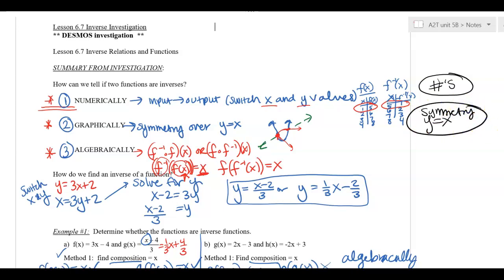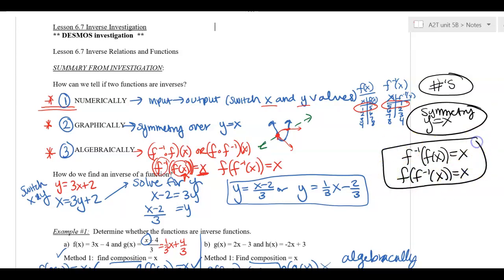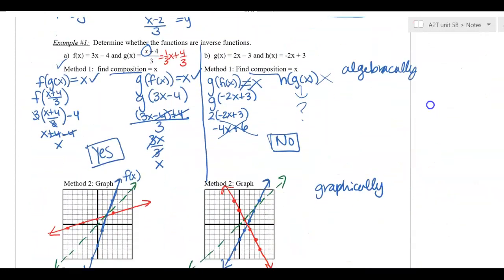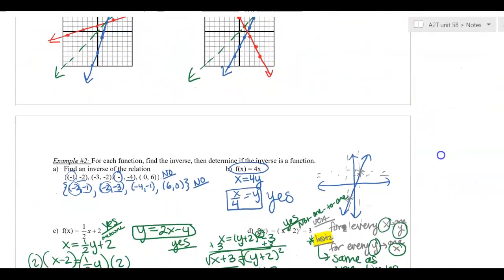And then can you prove their inverses algebraically by composing them and showing that they equal x, and that's in both directions. In addition to that, you should know how to find an inverse, which involves switching the x and y. So all through the notes, we practiced that a little bit.